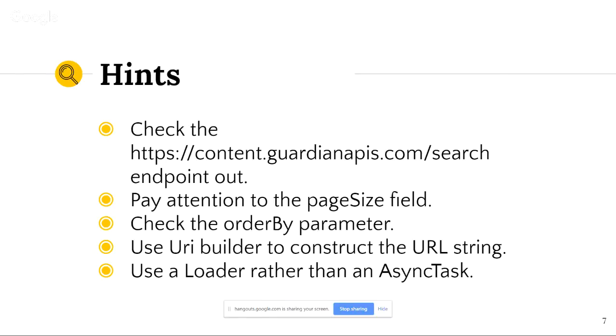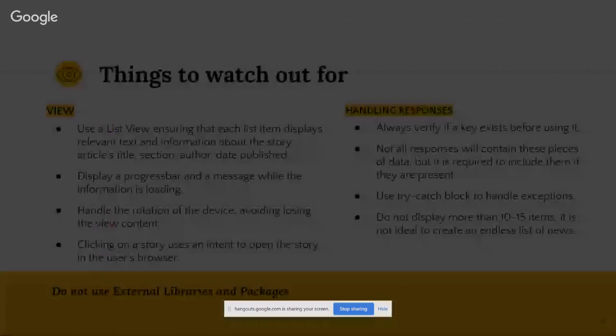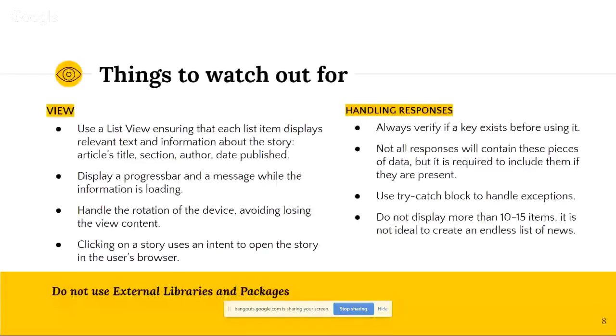And finally, use the URI builder to construct your URL string. Also, you may want to use the loader rather than the async task. Okay. But I think that's it. And here are many things you may want to watch out for.